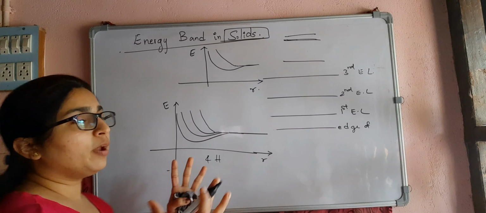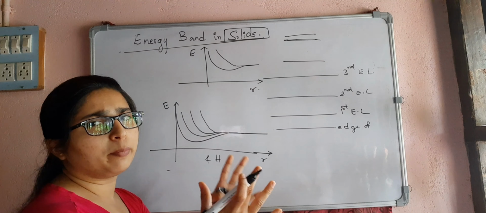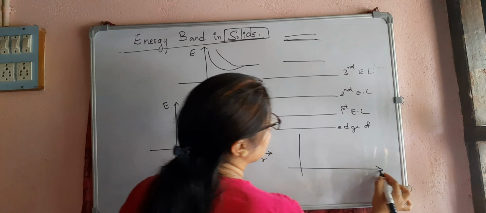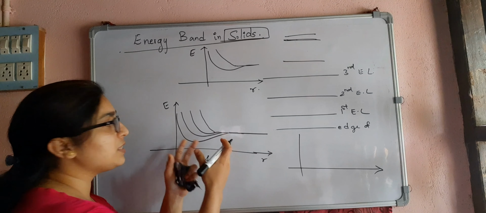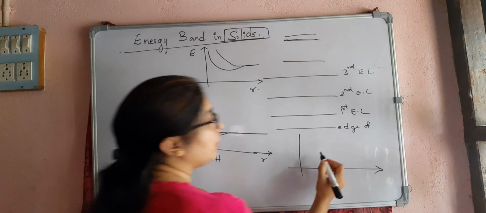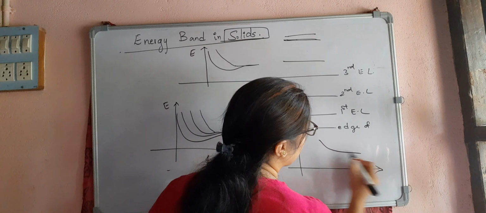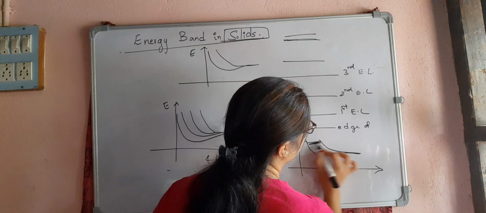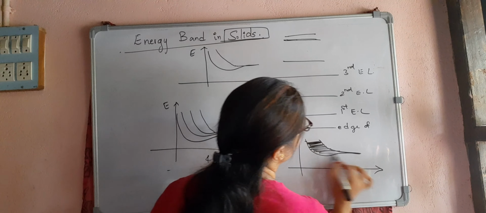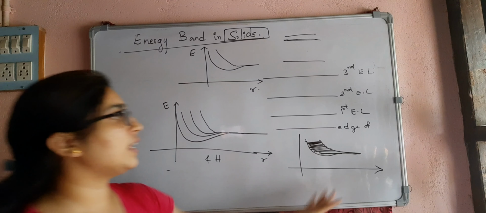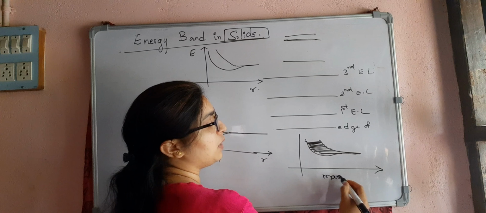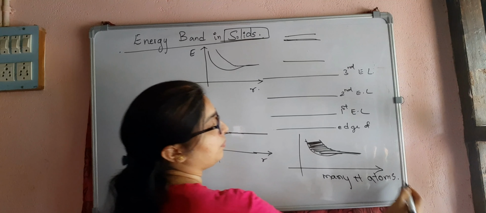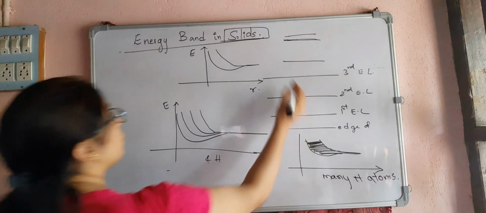So when many hydrogen atoms are brought together, what happens? These energy levels appear to be continuous. So it is like a band. This is a band, when many hydrogen atoms are brought together.